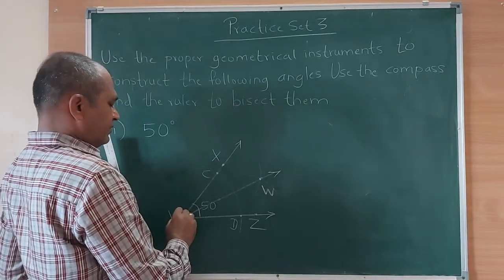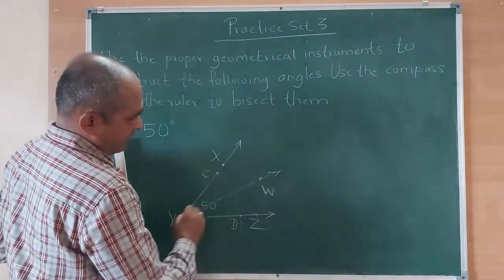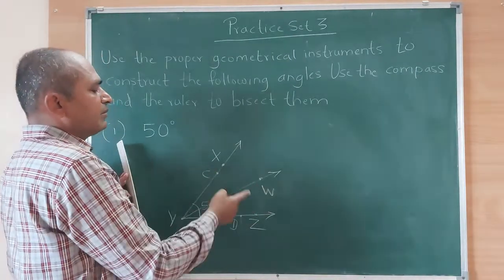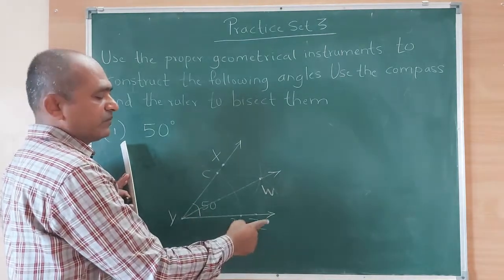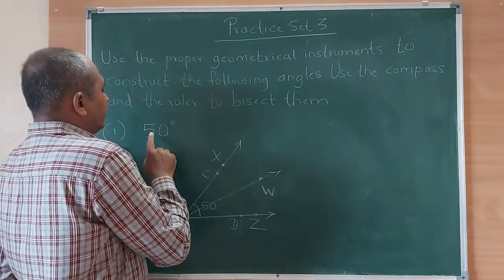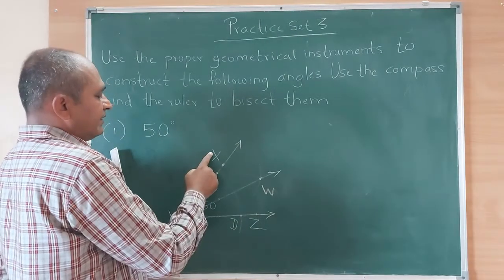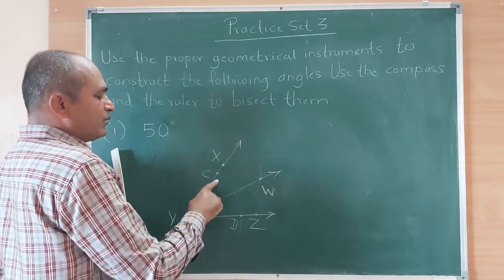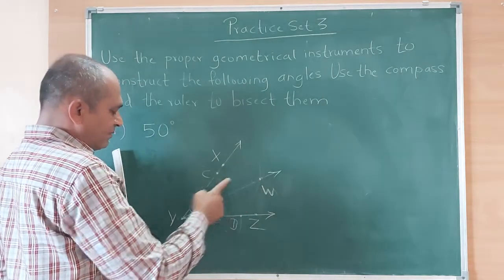So I get a ray YW, and ray YW is nothing but a bisector of angle XYZ, or you can say ZYX. So if this angle XYZ is equal to 50 degrees, because of this angle bisector we are getting 2 angles, angle XYW and angle WYZ.